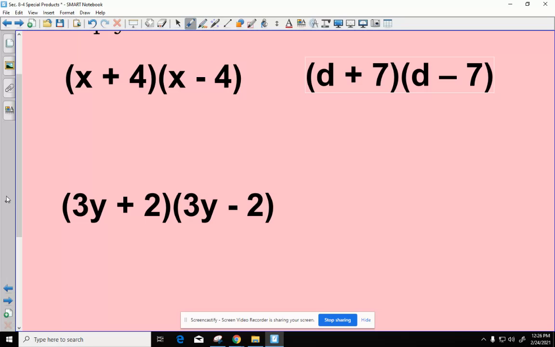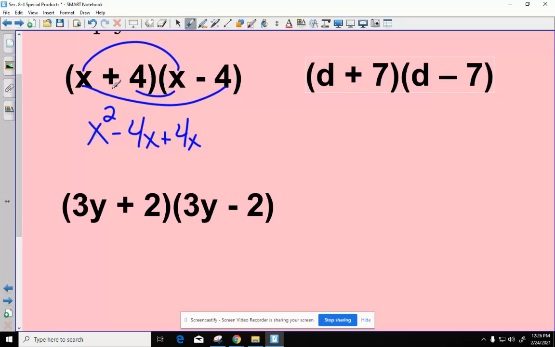So if you think about this here, that's definitely a part of what's going on, right? That's my x squared. These ones here are a negative 4x. That's a positive 4x. And on the end, a negative 16.